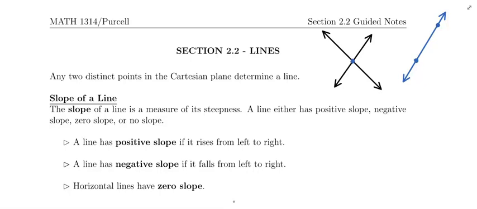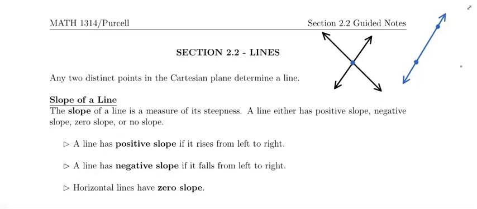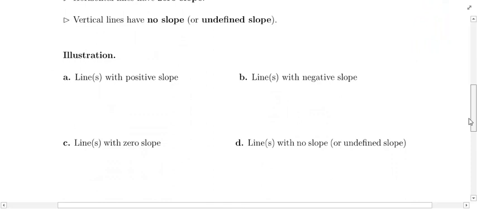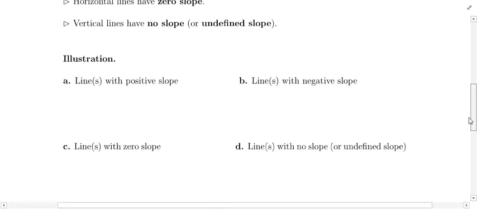So let's go over the differences. I am going to read through each description, so positive, negative, zero, no slope, and below these descriptions, if you scroll, you will see a place for illustrations. As I read through each description, I will come down here and illustrate each type of line.